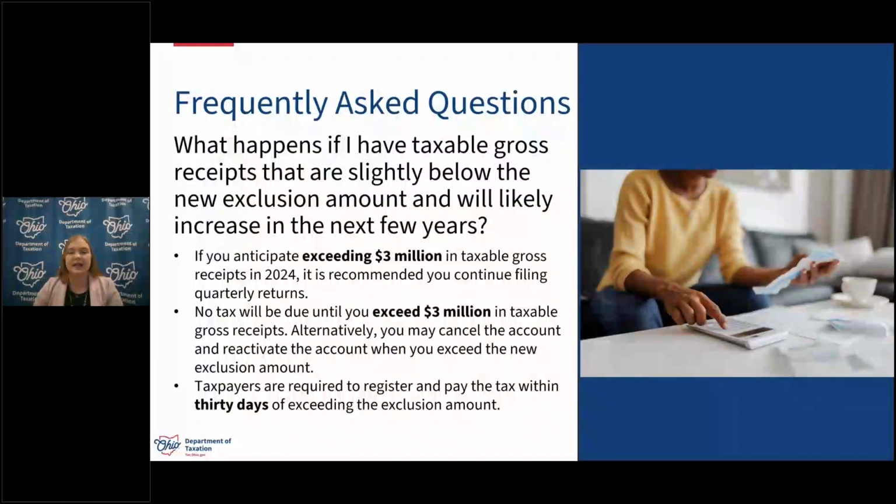You will not have a tax due until those receipts exceed the $3 million. On the other hand, you can cancel your account and reactivate it once you exceed the new exclusion. Taxpayers are required to register and pay the tax within 30 days of exceeding that amount.